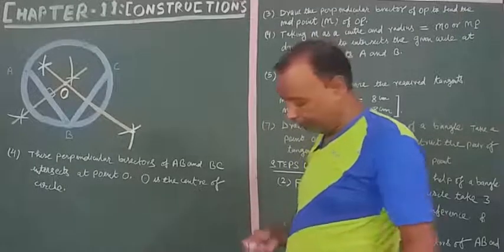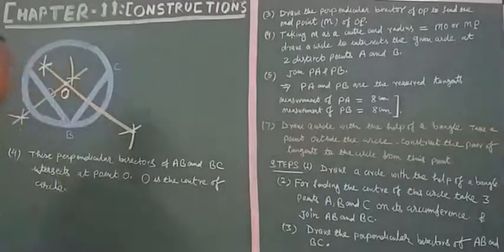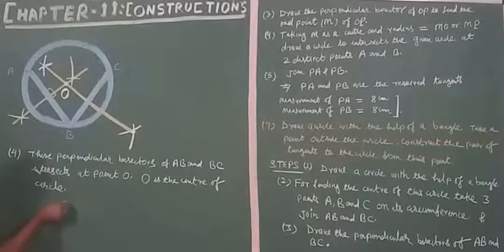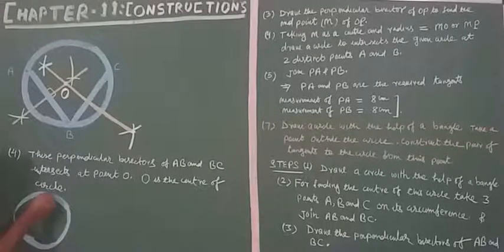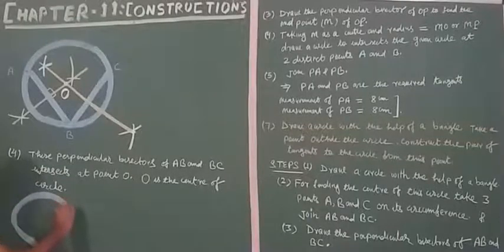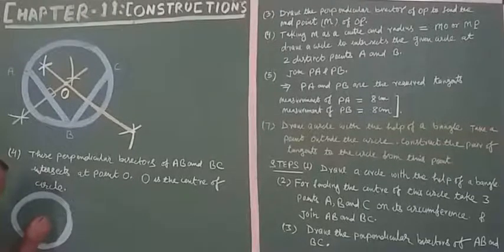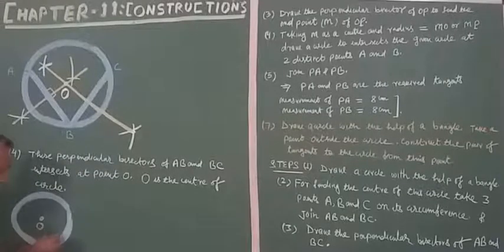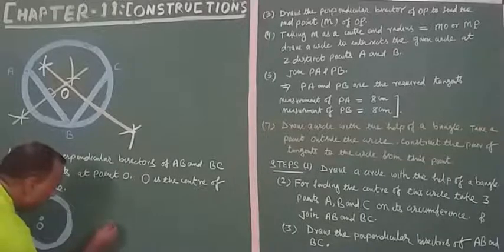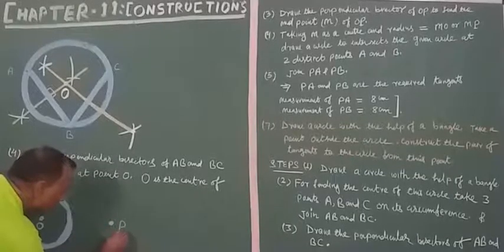Now, just look here. This is a circle with center O. And this is a point P outside it.